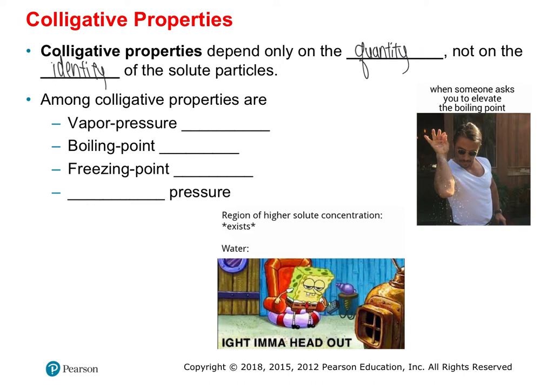So some of these colligative properties are vapor pressure lowering, boiling point elevating, freezing point lowering as well, or they call it freezing point depression, and then osmotic pressure.